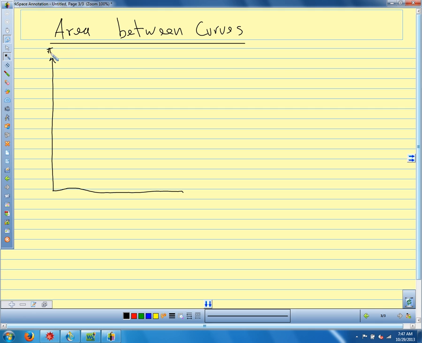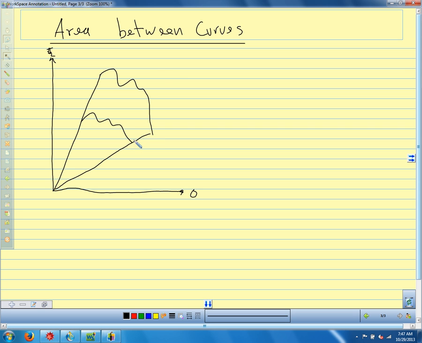There's our pi over 2 axis and our theta equals 0 axis. And we have two polar curves here. This is R2, and this is R1. And here we're at theta equals alpha and theta equals beta.